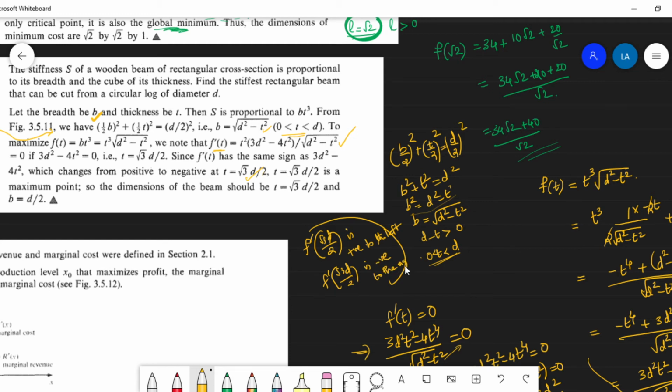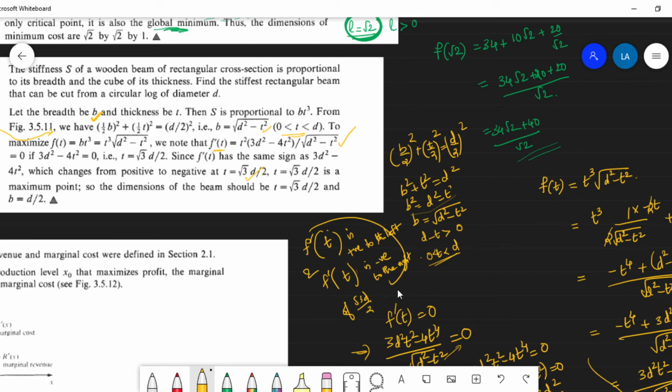Or to be specific, f dash of t is positive to the left and f dash of t is negative to the right of root 3d by 2.